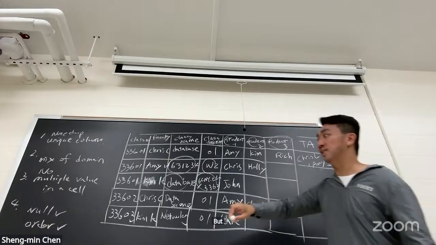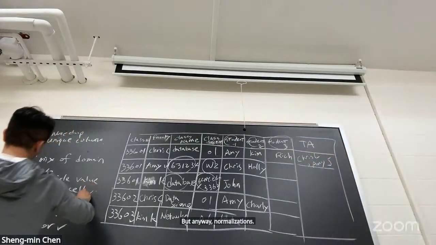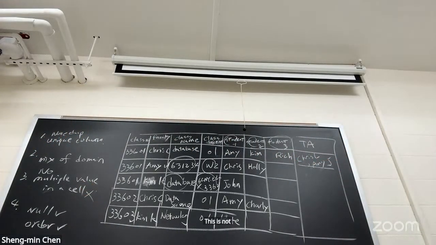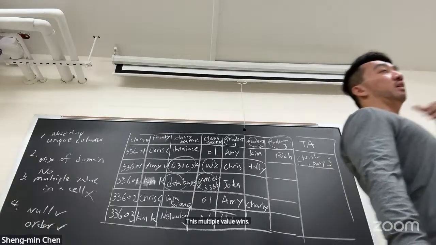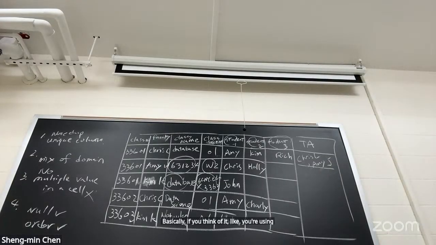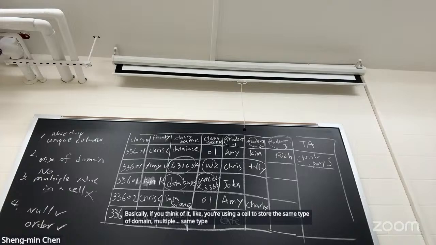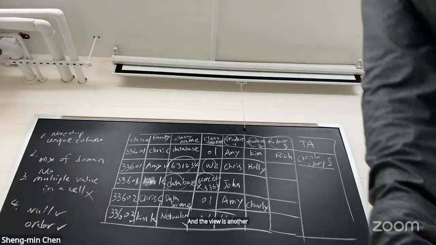But anyway, for normalization, this is not allowed for first normal form. So this is what multiple value means. Basically, you're using a cell to store the same type of domain value multiple times. In other words, you're trying to save a data structure in there.